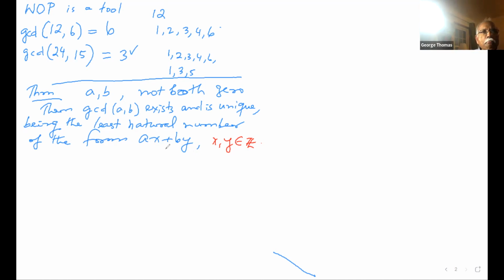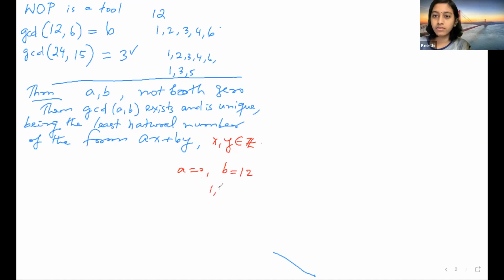And can A or B be 0? Well, if A is 0, let's take an example. A equals 0, B equals 12. What number divides both of them? 1, 12.